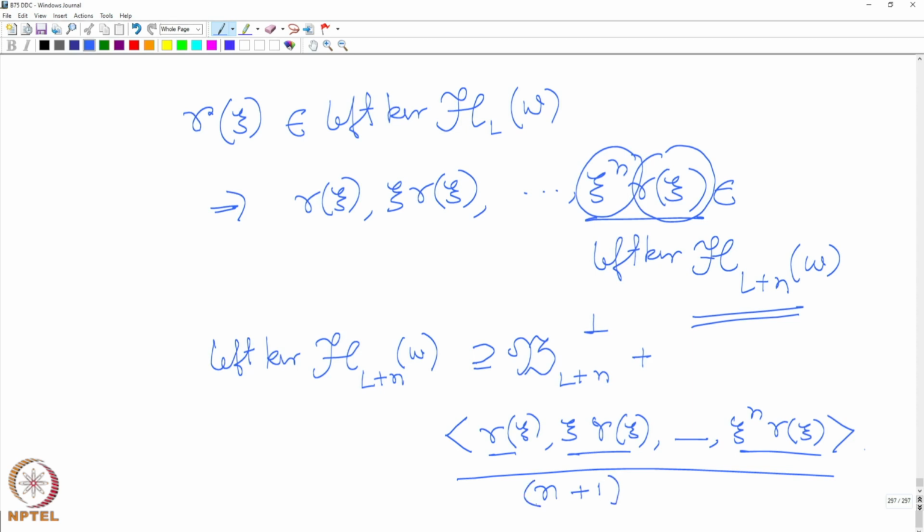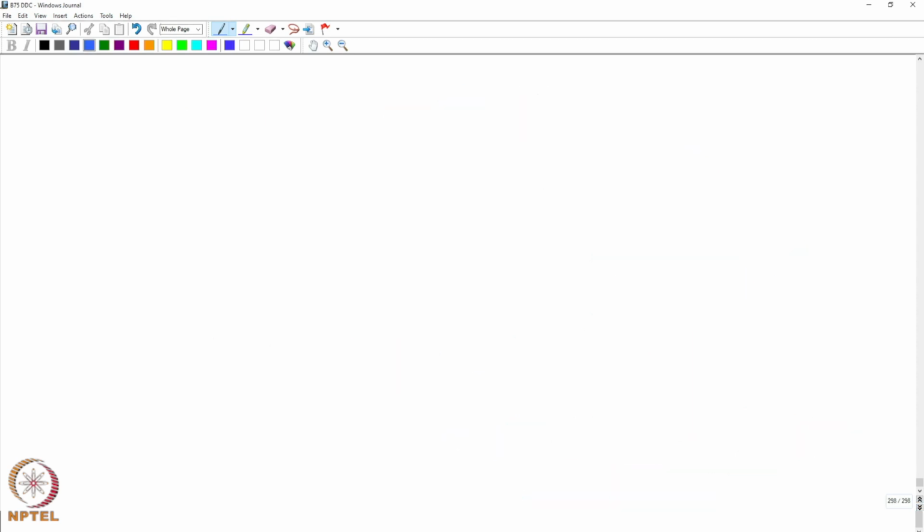On the other hand, the dimension of B L plus n perp, as we have seen before, will come out to be equal to L plus n plus 1 times P minus n.